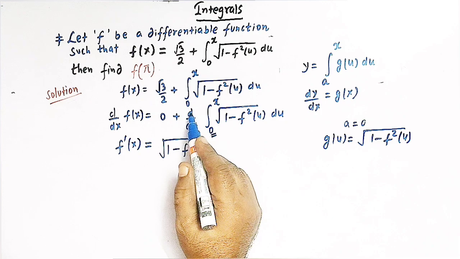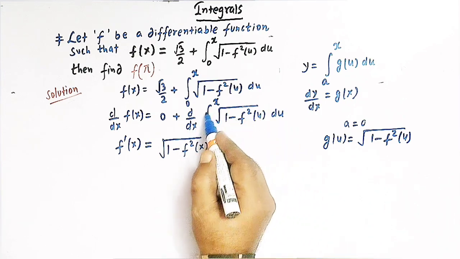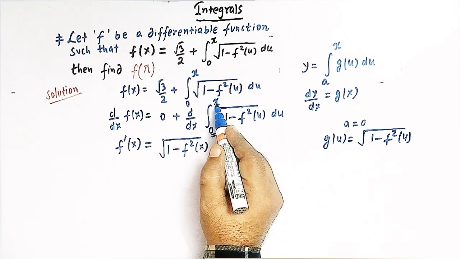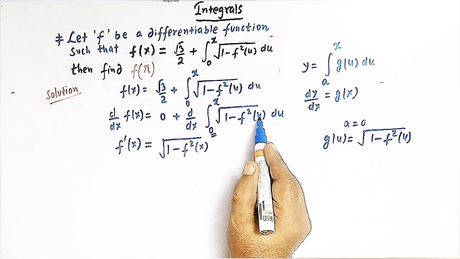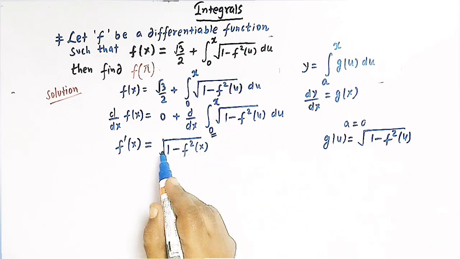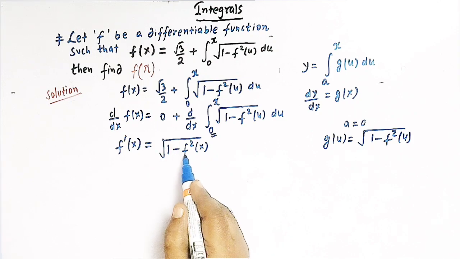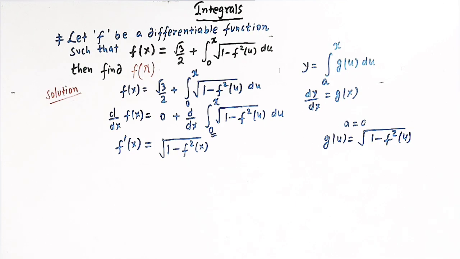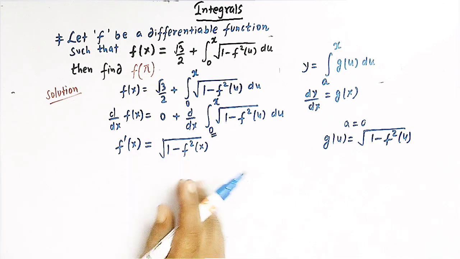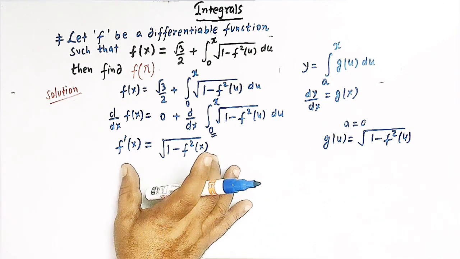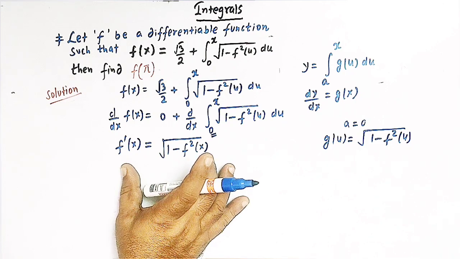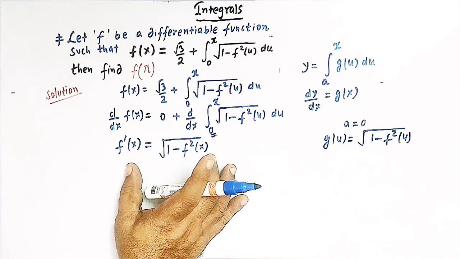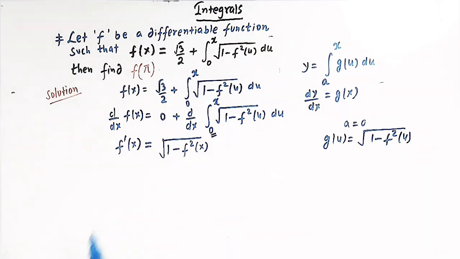So when we find the derivative of this integral with respect to x, we simply replace this u by x. So we have now f prime of x is equal to square root of 1 minus square of the function, that is f of x. And now this is a differential equation of first order and first degree. So now we have to solve this differential equation to get the value of f of x.